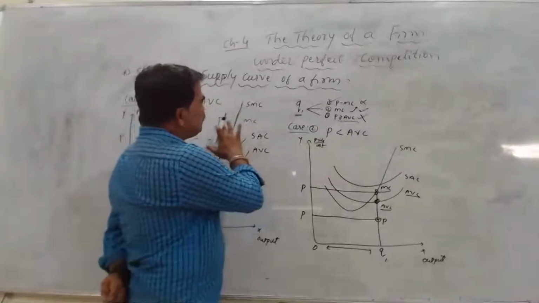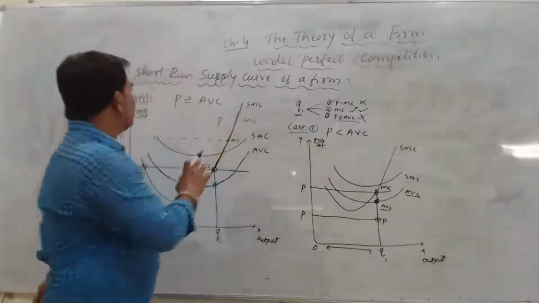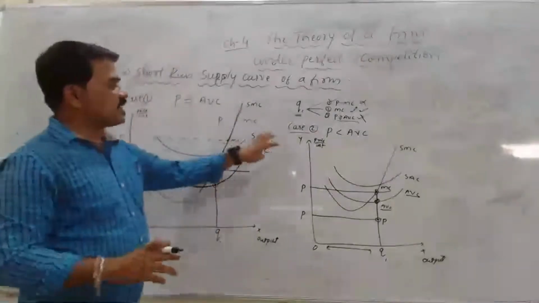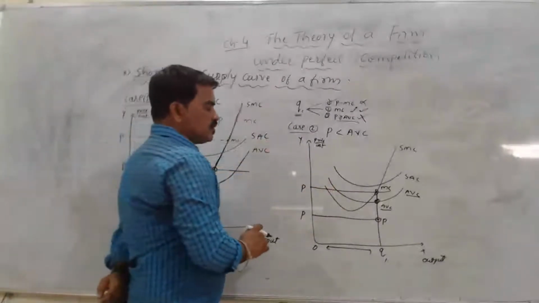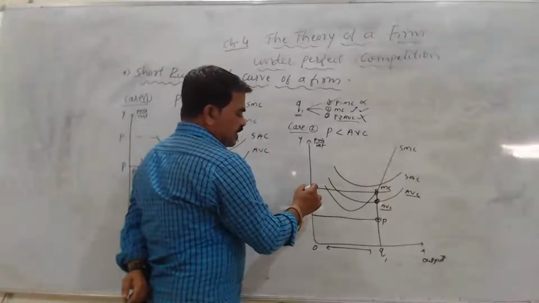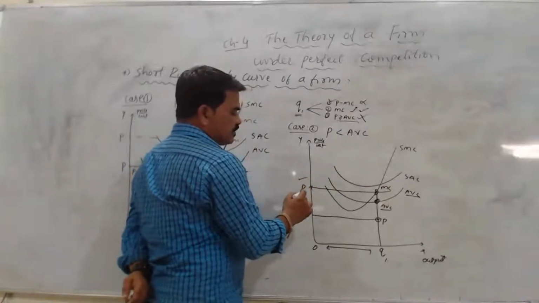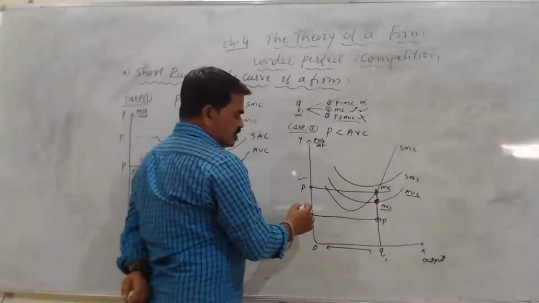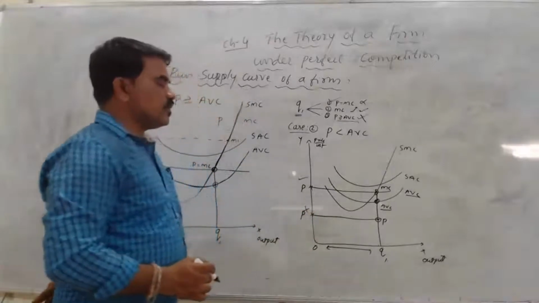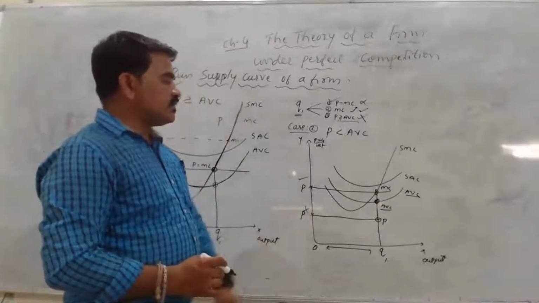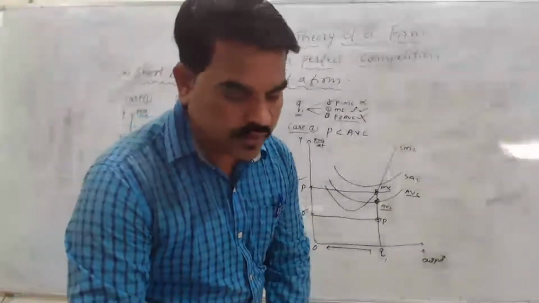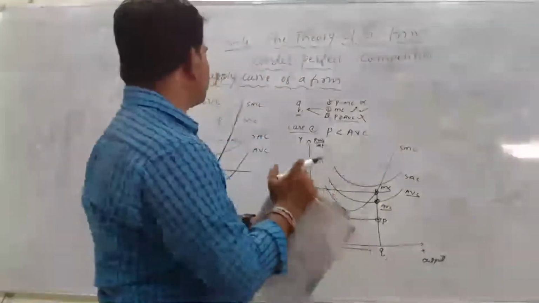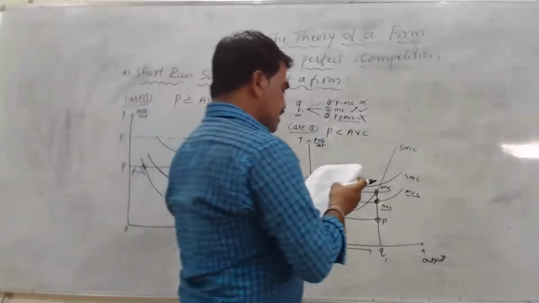When we combine the first and second case, at this market price he will supply, and at this price he will not supply. So what is our combined supply curve in the short run? Our combined supply curve will be like this.